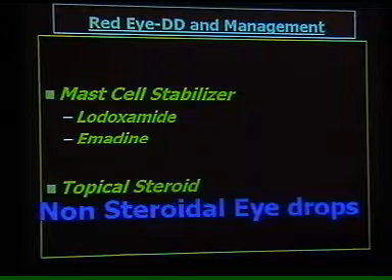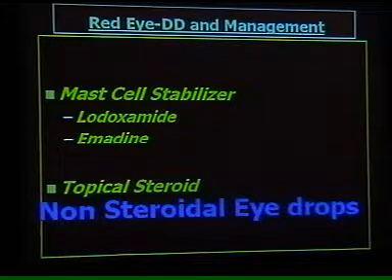And there are some treatments which stabilize the mast cell, like lodoxamide, and of course topical steroid. As I have mentioned last time, 50% of the drops that we have in the pharmacy contain either solo steroid or combination steroid.